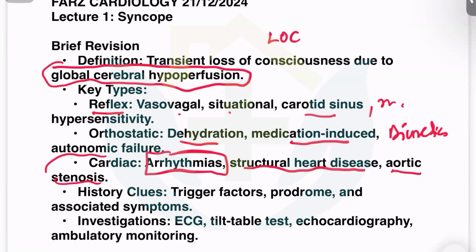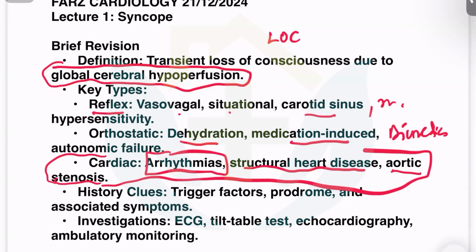Whenever cardiac comes to mind, people usually say arrhythmia, and then the list is complete for them. But I keep asking my students to enumerate more cardiac causes of syncope, and then they just black out. So it is not only arrhythmia which causes syncope, but structural heart disease like HOCM.